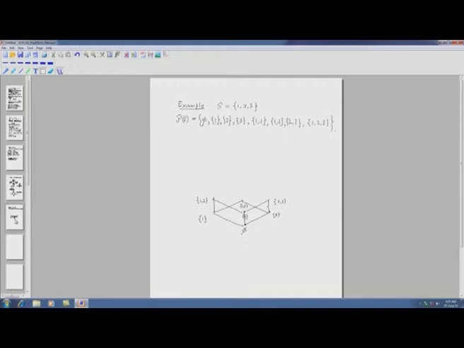So, I have got the next layer of elements, all right, and ultimately I have got a single element 1 2 3, and I can complete my diagram in this way. So, this is the Hasse diagram corresponding to the set P S with subset equal relation, where S equal to 1 to 3.